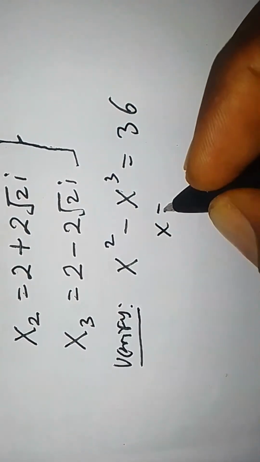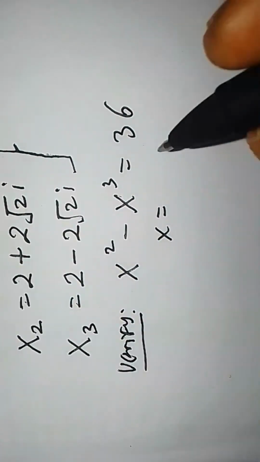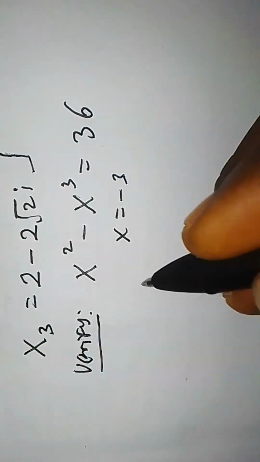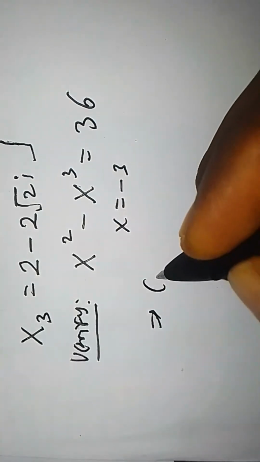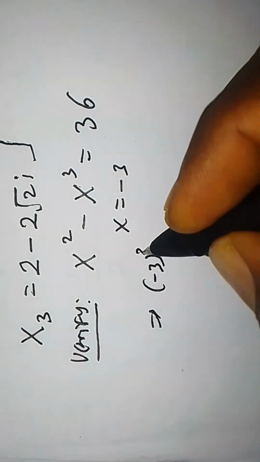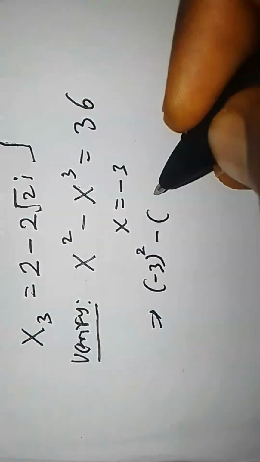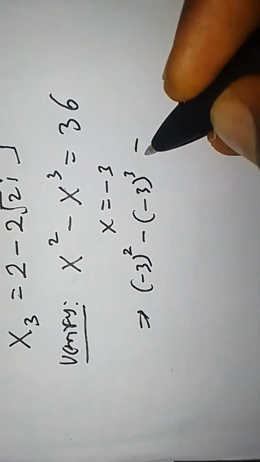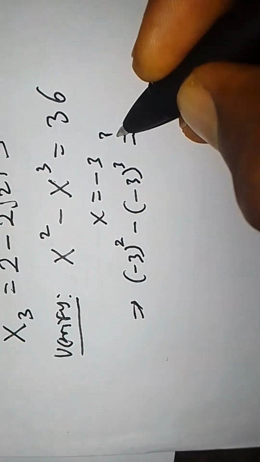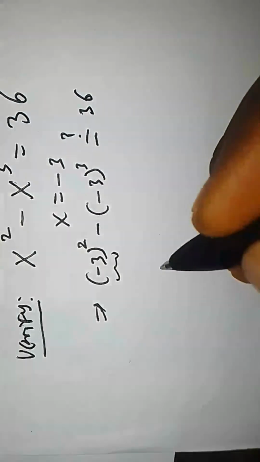So when x is equal to minus 3, plugging this minus 3 here, we have minus 3 all squared minus, plugging this minus 3 into this also, minus 3 to the power of 3 is equal to, this is our claim, 36. What is minus 3 to the power of 2?